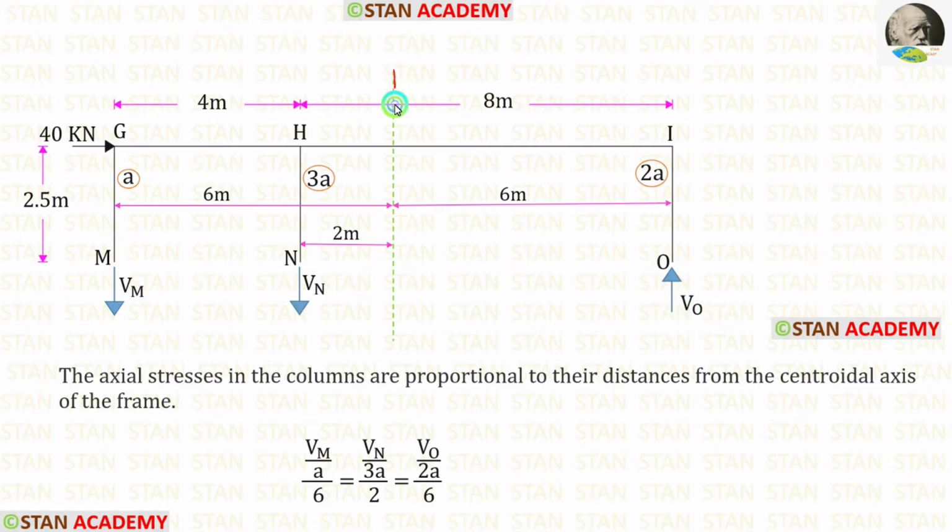We know that on the left side of the center of gravity, the axial forces will be tensile, and on the right side it will be compressive. We know the assumption: the axial stresses in the columns are proportional to their distances from the centroidal axis of the frame. We know that stress is equal to force upon area.